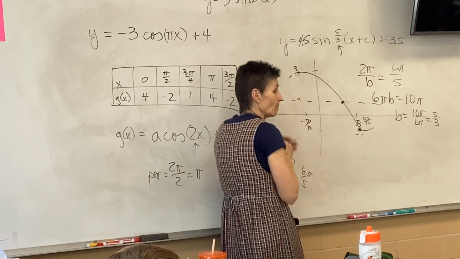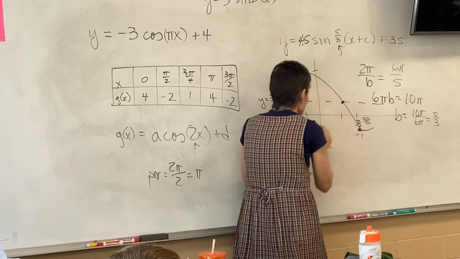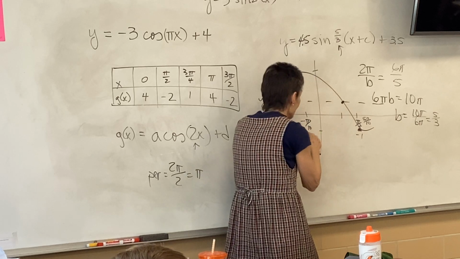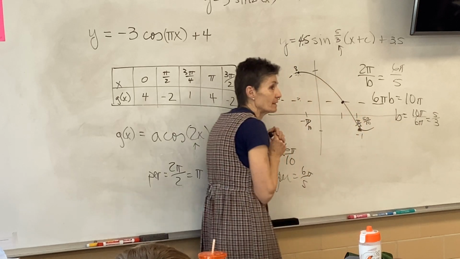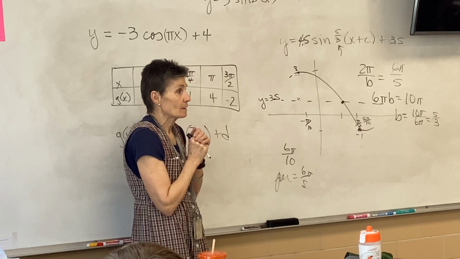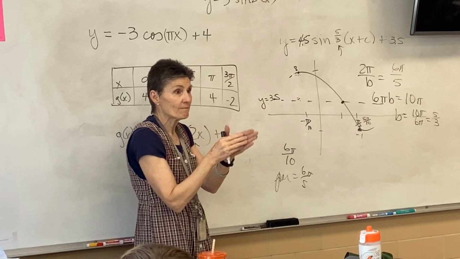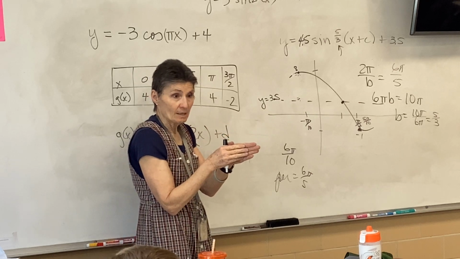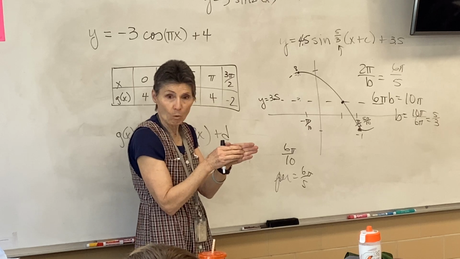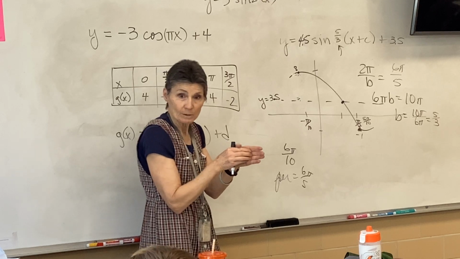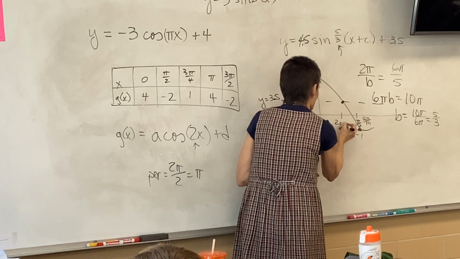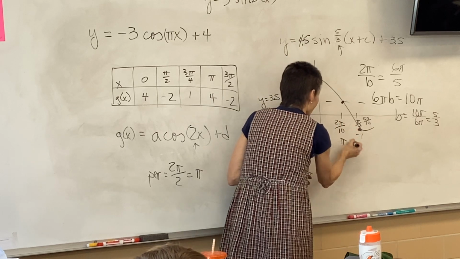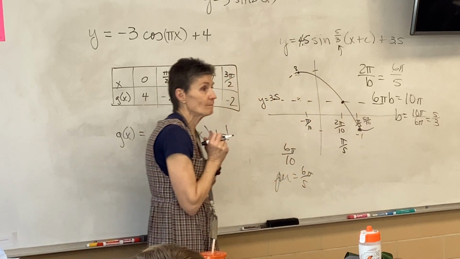Regardless of how my picture looks, that is the middle of -1/10 and 5/10. So -1 and 5 is 4, and half of 4 is 2 pi over 10, or pi over 5. Does that make sense to you?